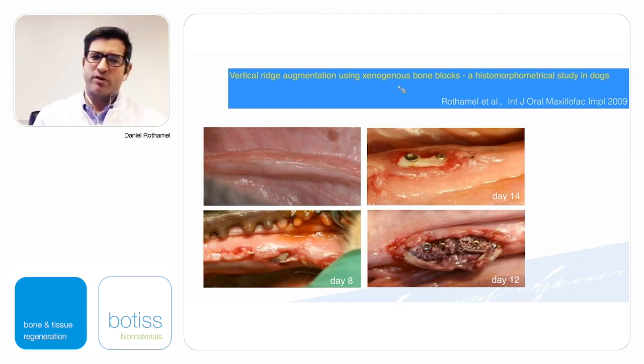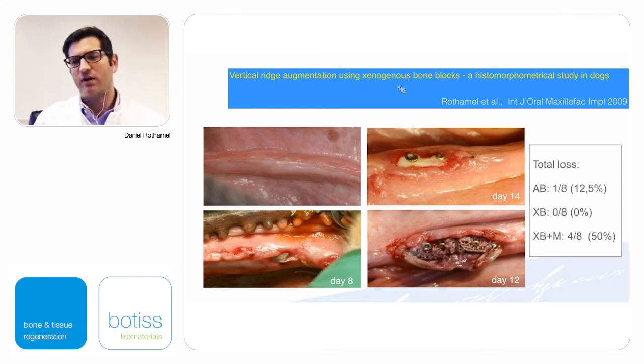This little exposure didn't heal secondarily, as we would expect it for a non-cross-linked membrane. It was leading to a complete inflammation of the entire tissue, and we lost 50% of the bone blocks that were covered with the cross-linked membranes, whereas we didn't lose any xenogenic bone block without additional membrane application.